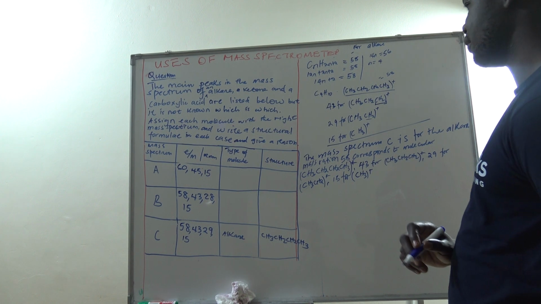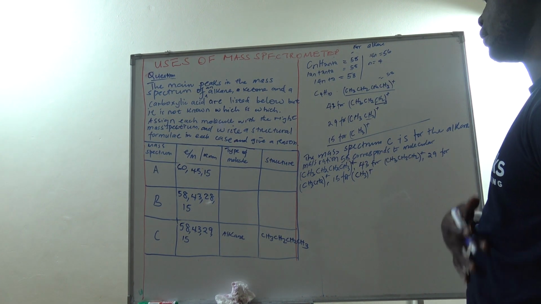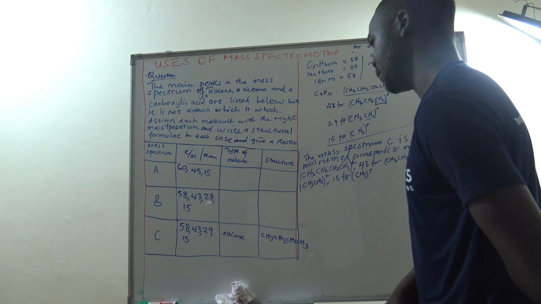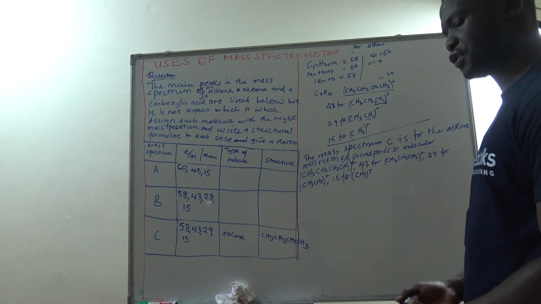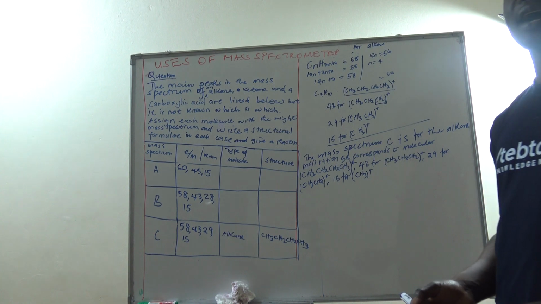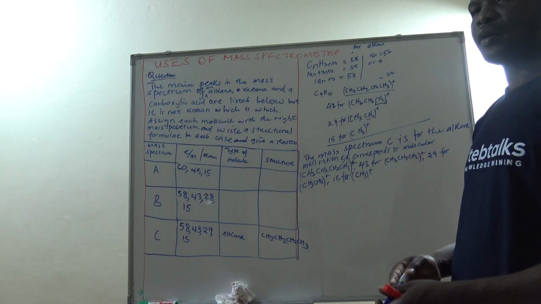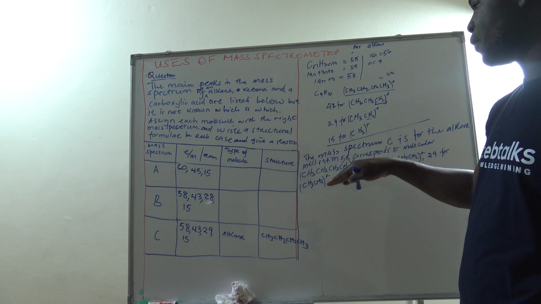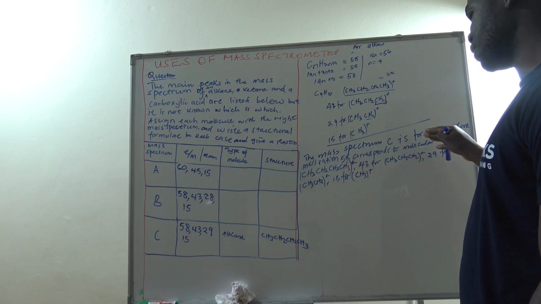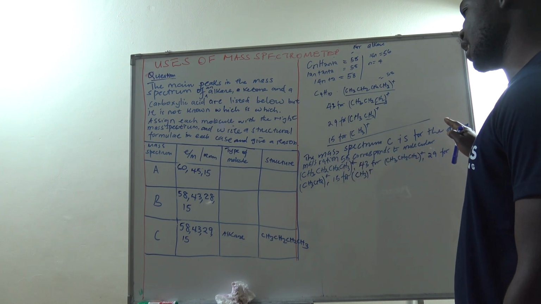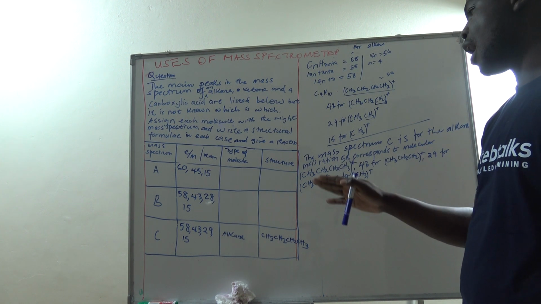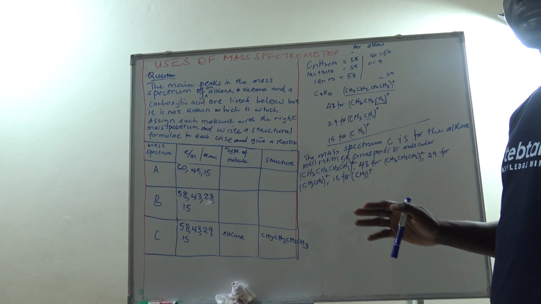So we have given the reason, we have known the type of molecule, and we are in a position to deduce the structure of that molecule. So that's how we could answer such a question. If we are faced with such a scenario, this is the way to go about it.